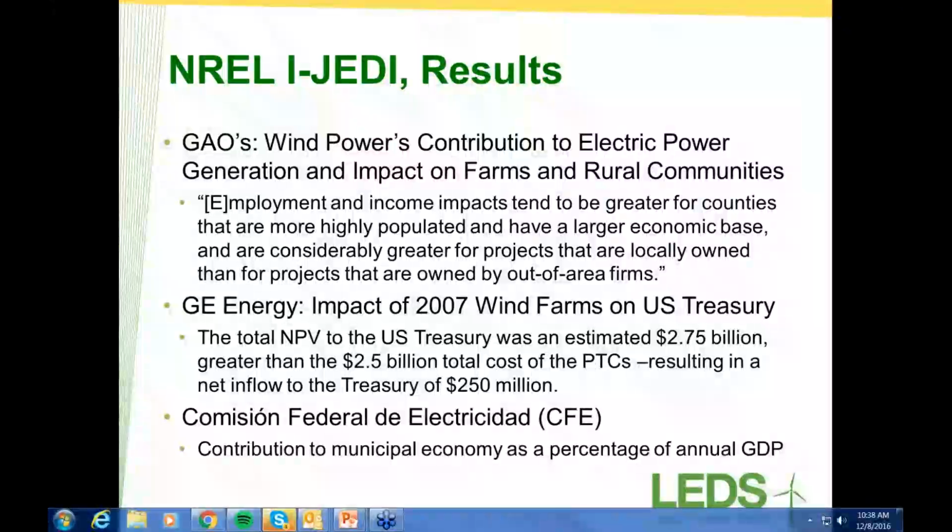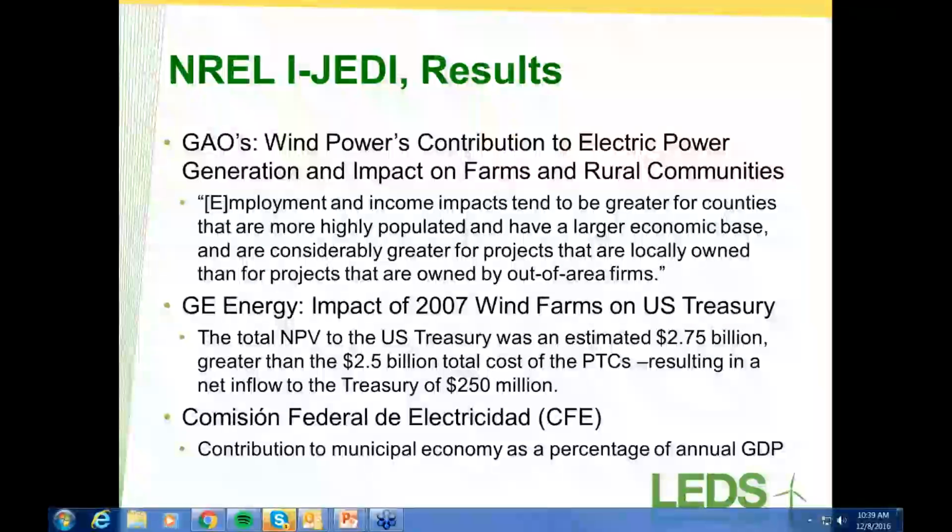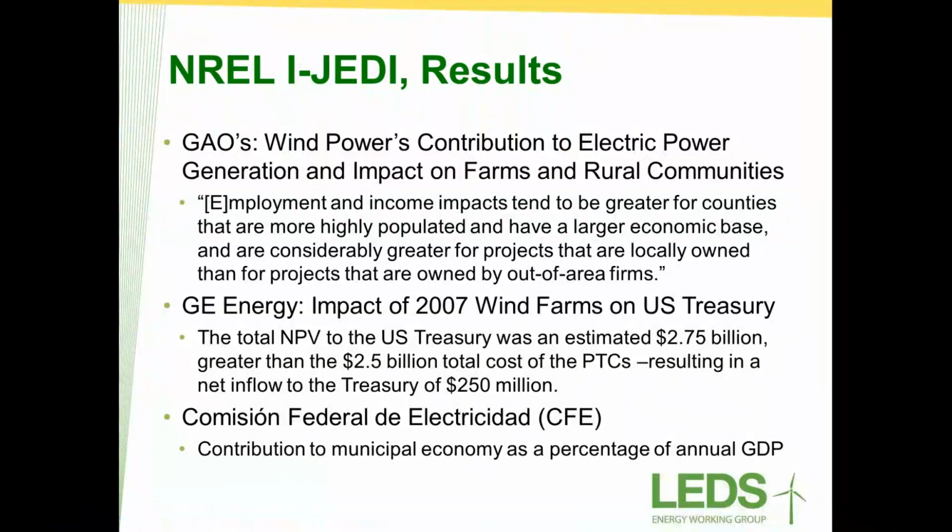They have the numbers of the local, the regional GDP for each of the municipalities in Mexico, and JEDI is able to express, as one of the outputs, the contribution to the local GDP, so they could find as a percentage of total GDP the contribution of these projects to the local economy. And let's go to the next slide, please.